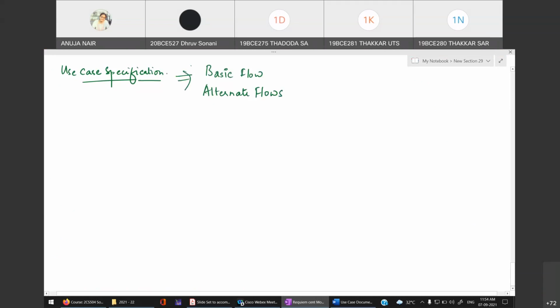Now you need to represent this basic flow and these alternate flows in the form of a flowchart. And this flowchart is called your activity diagram.